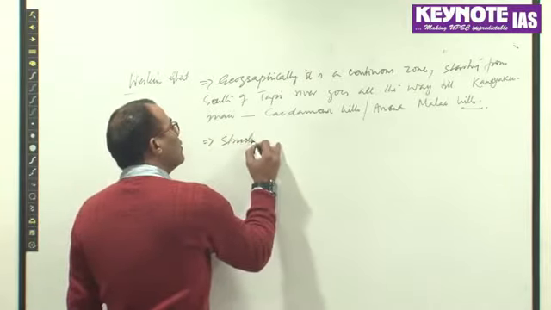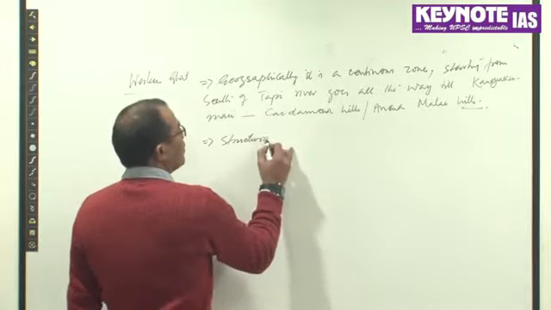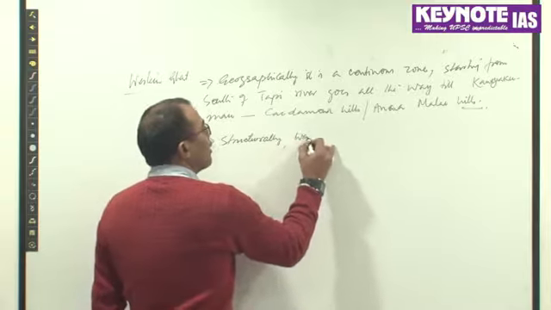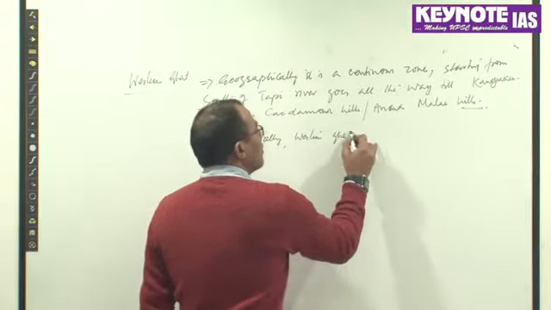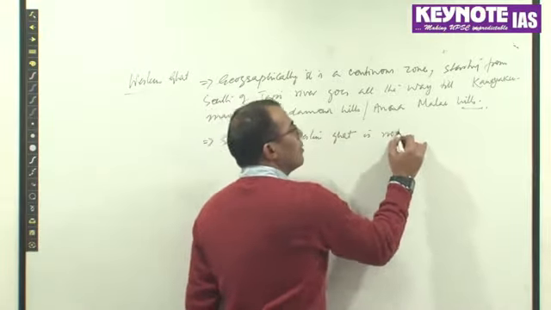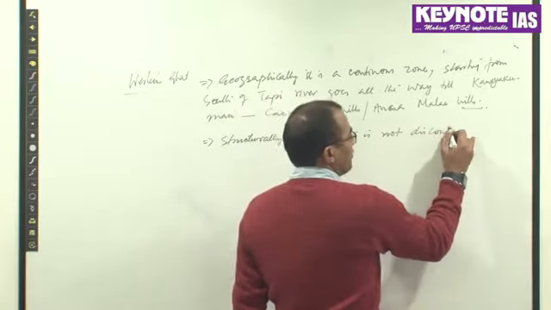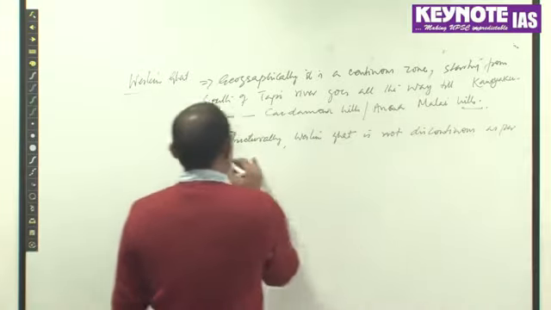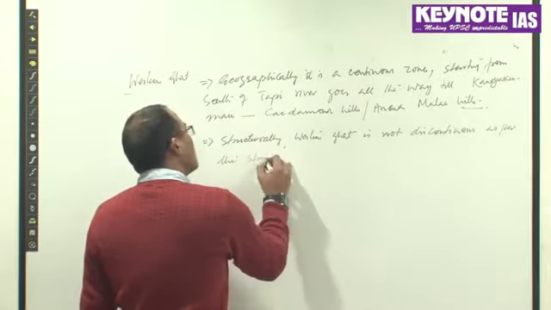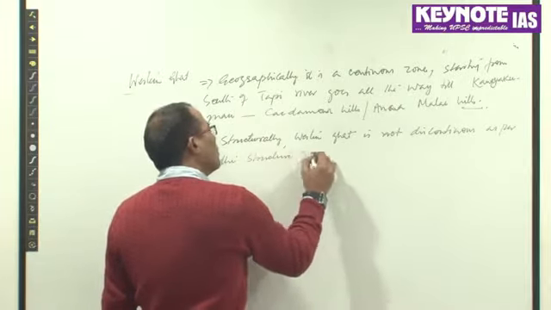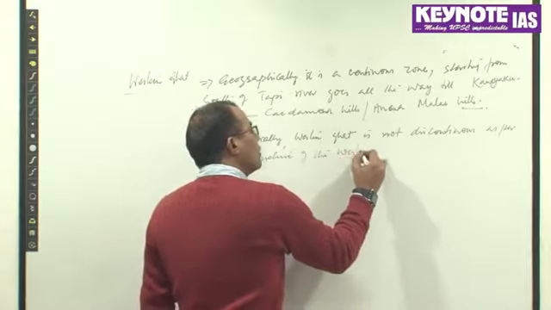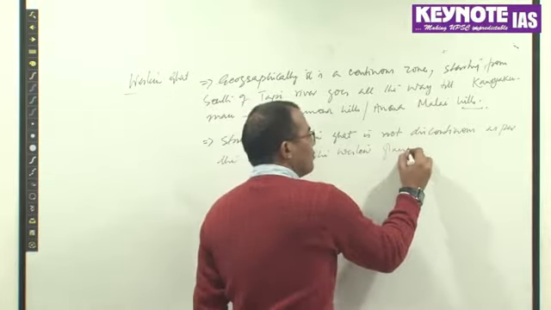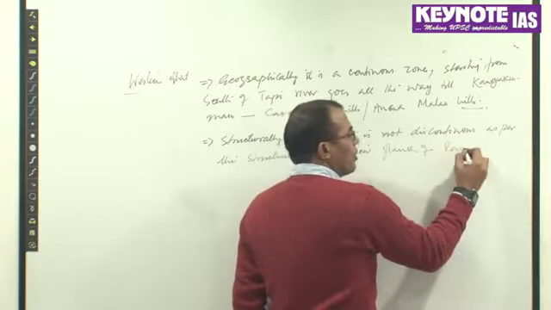Structurally, Western Ghat is discontinuous as per the structure of the western flank of peninsular India.